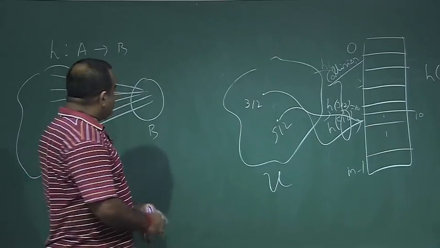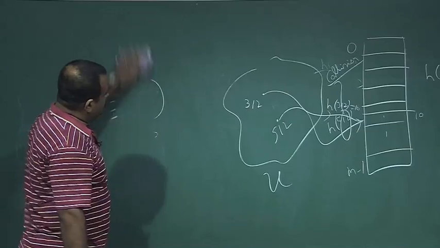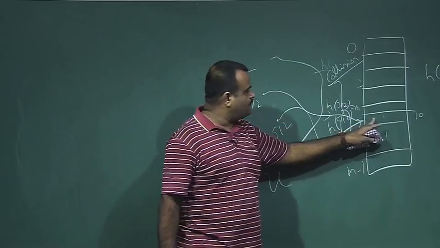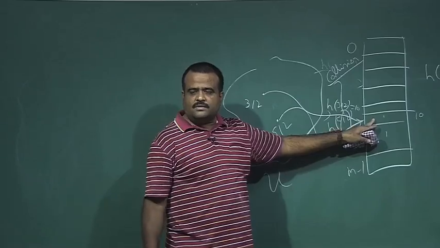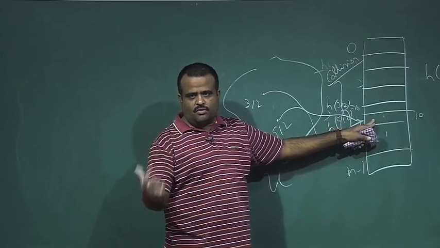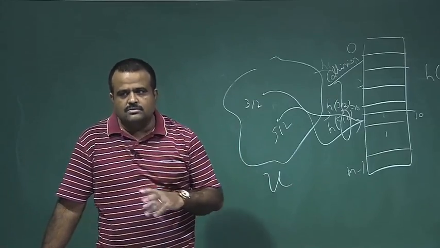Now the question is how we can handle this collision, because if two keys are mapping to the same slot, we cannot fit both there, since each slot can store only one key. So, what do we do?